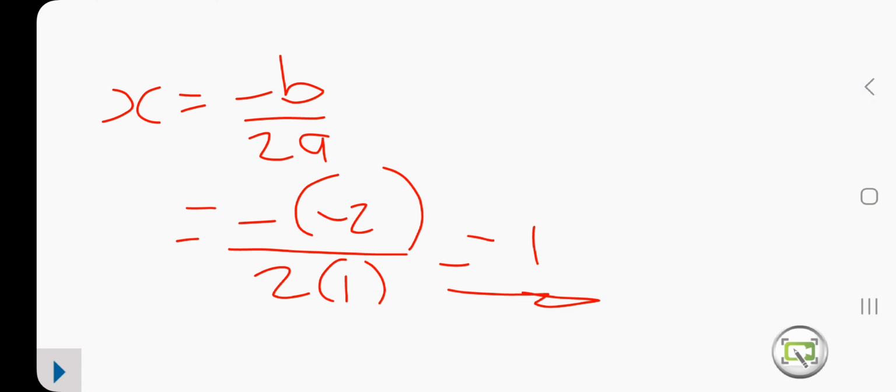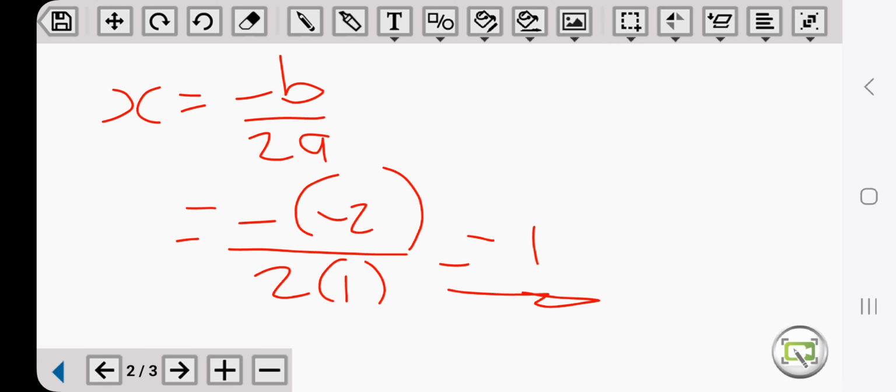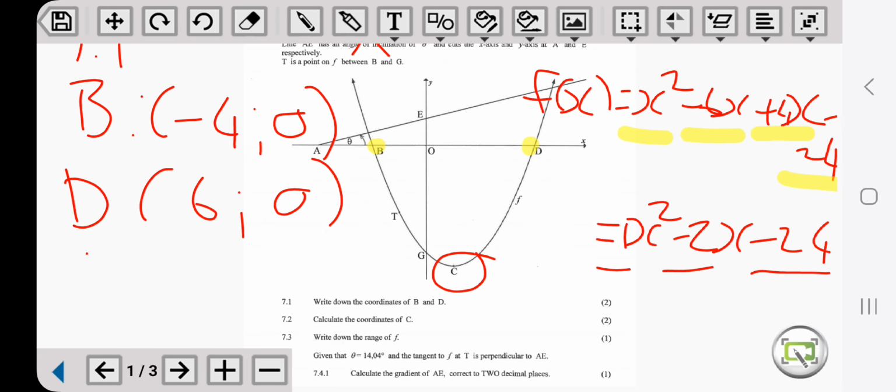Then we just have to go back and sub it into our y value in our original formula to get our y value. So wherever we have an x, I will now go and sub 1.